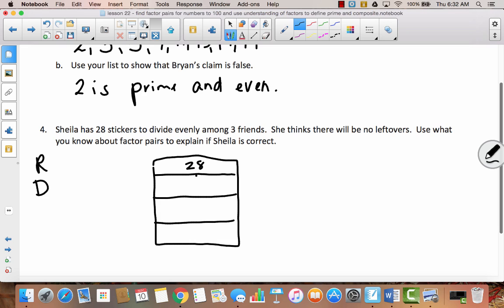Let's think of all the factor pairs that we can of 28. Okay? All right, so I know 1 and 28, 2 and 14. Is there anything times 3 that equals 28? No. What about 4 and 7? And that's it, right? So how does this help us to know whether or not Sheila's right?